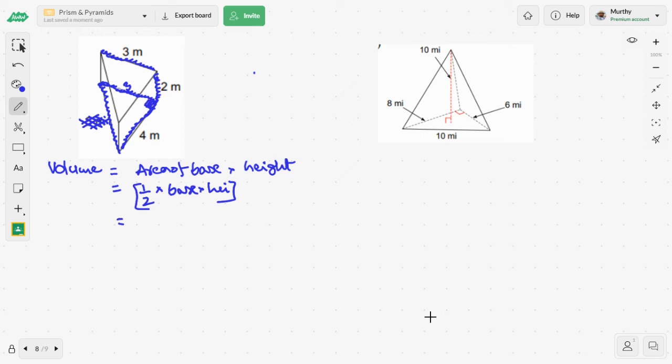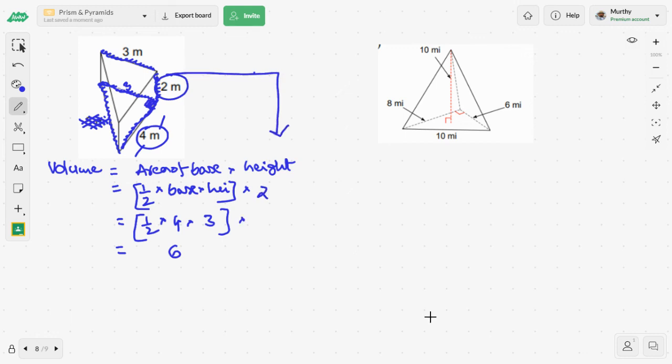So half times 4 units times 3 units, half of 12 gives me 6. And this is the height of the prism, therefore 2 units. 6 times 2, it is 12 cubic meters.